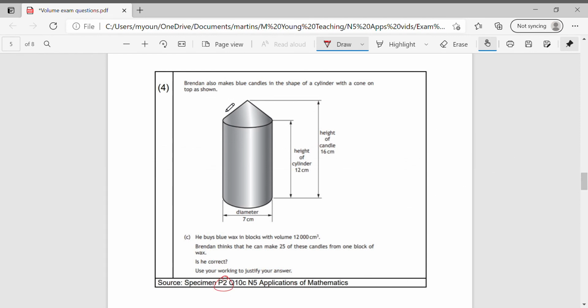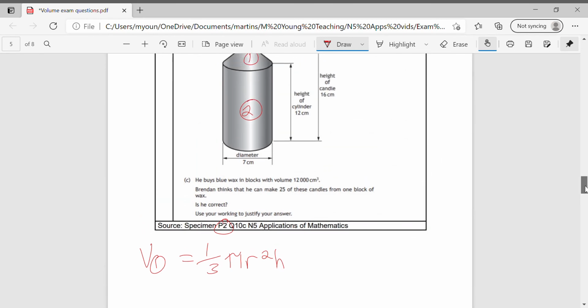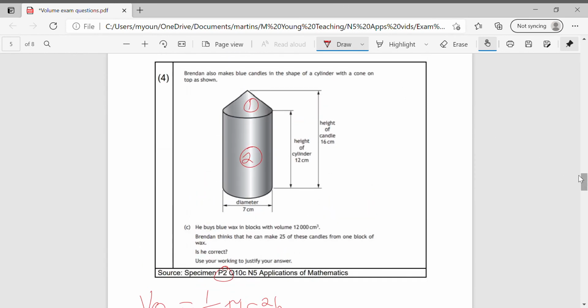Right, I've got two shapes. I've got my cone and I've got my cylinder. Let's work out the volume of both. So the volume for the cone is 1/3 pi r squared h. It's basically 1/3 of the formula for a cylinder. Again, you can get that in the formula sheet. Let's see what I'm given. Well, I'm told that the height of the cylinder is 12 and the height of the full candle is 16, so it must mean that this bit in here is 4.